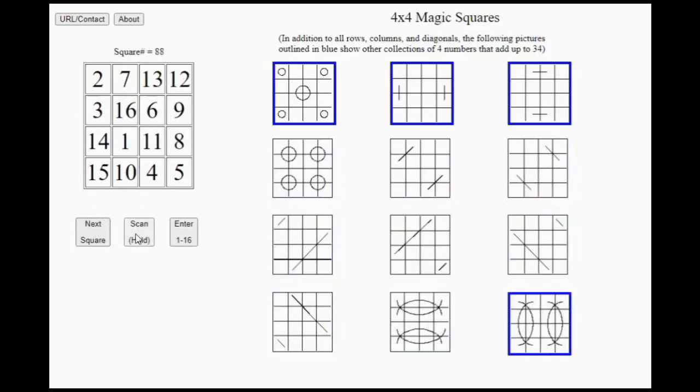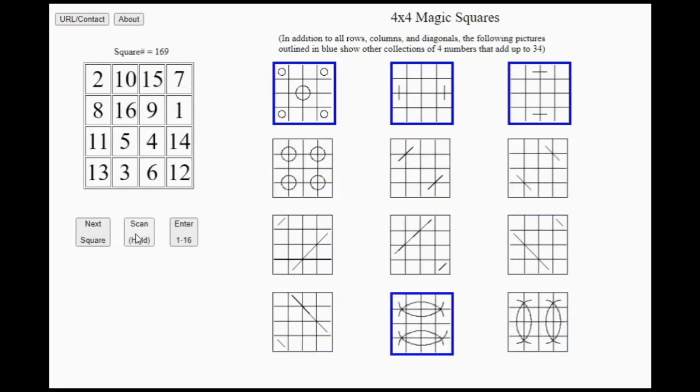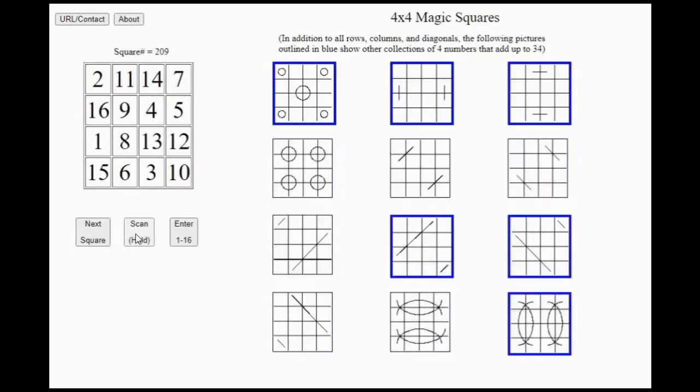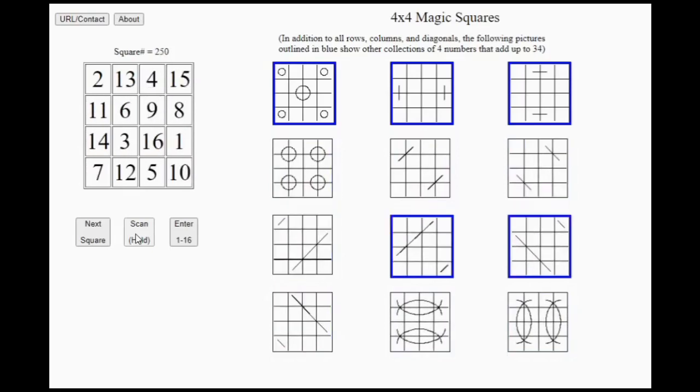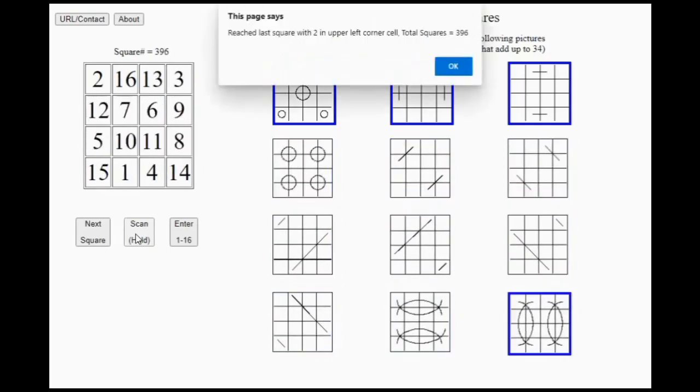So to get that answer very quickly, we'll hit the scan button and scan through all the squares with 2 in the upper left hand corner, and let's see what we get. This time it's 396. 396 squares with 2 in the upper left hand corner.